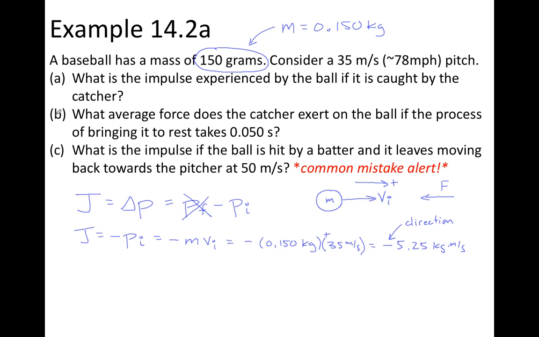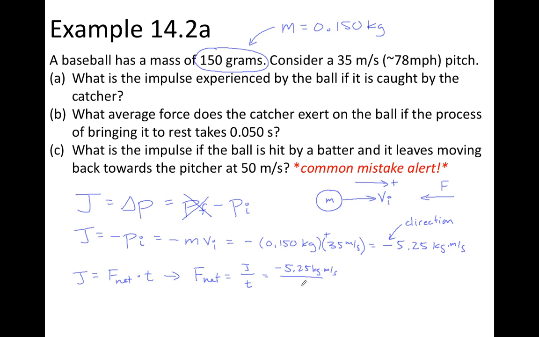Okay, so for part B, what average force does the catcher exert on the ball? So impulse can also be found by taking the net force and multiplying it by the time. So we can rearrange this for force by taking the impulse and dividing it by the time. We had the impulse as negative 5.25 kilogram meters per second.